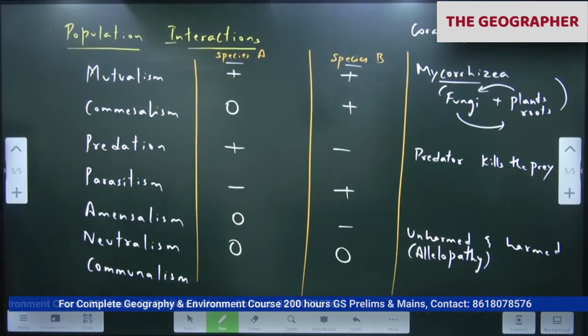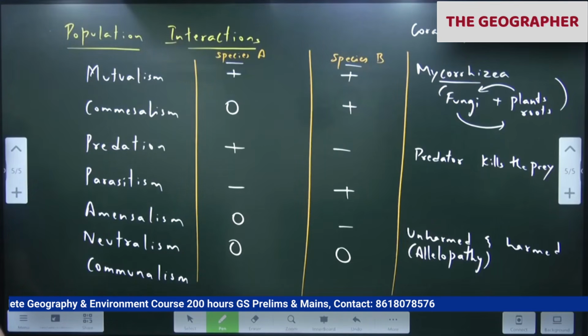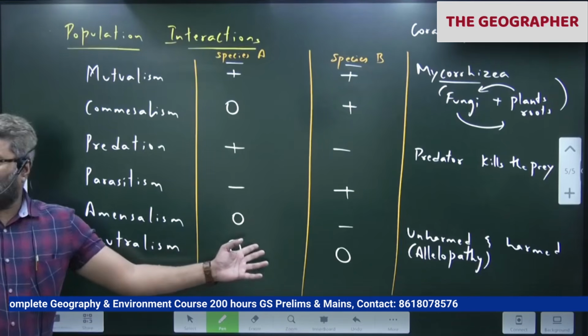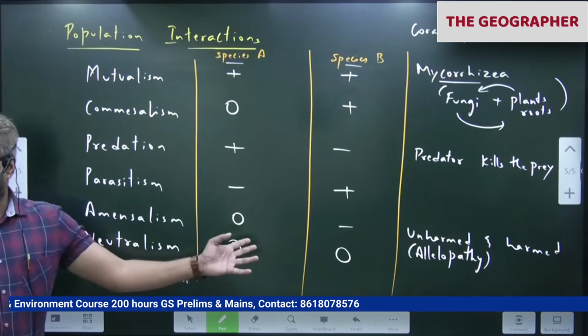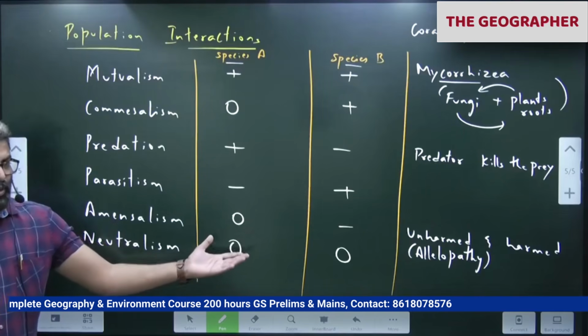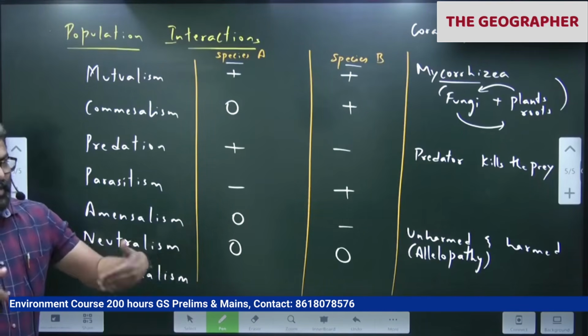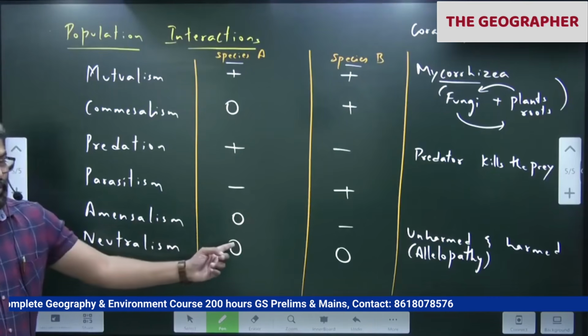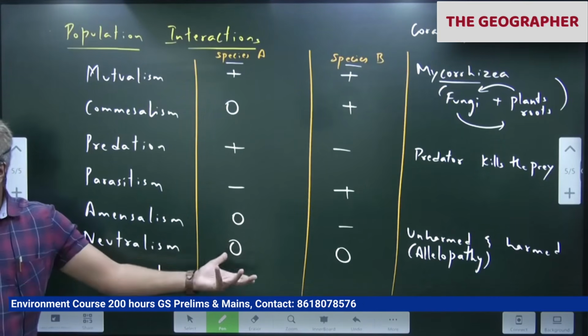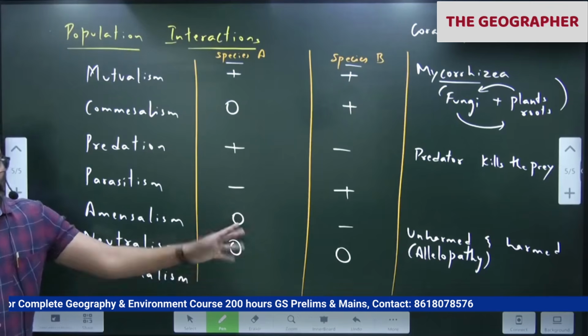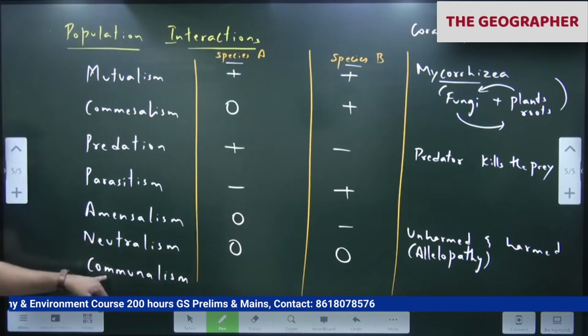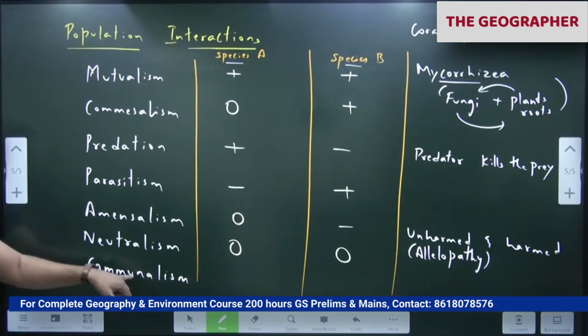Okay, there are a lot of species like this. Let's say a fish in the water and a plant on the ground have nothing to do with each other. They survive and they evolve continuously. So that kind is neutralism, where both the species are neither benefited from the interaction, nor harmed. Okay, communalism is a new one that has come up now.